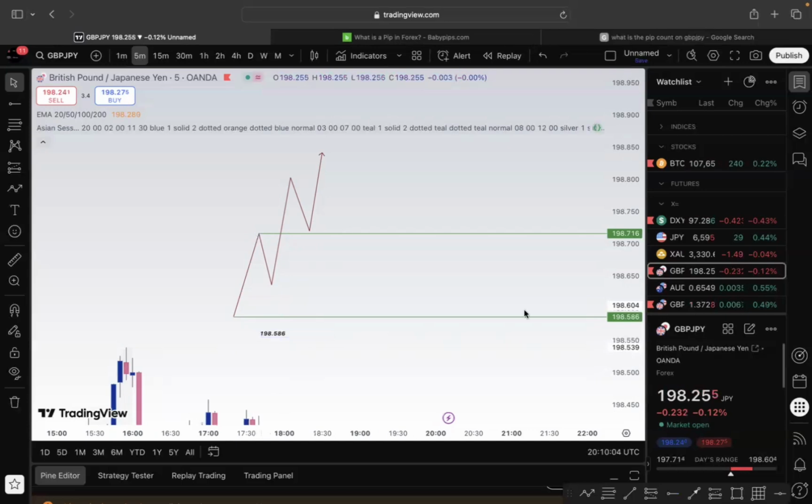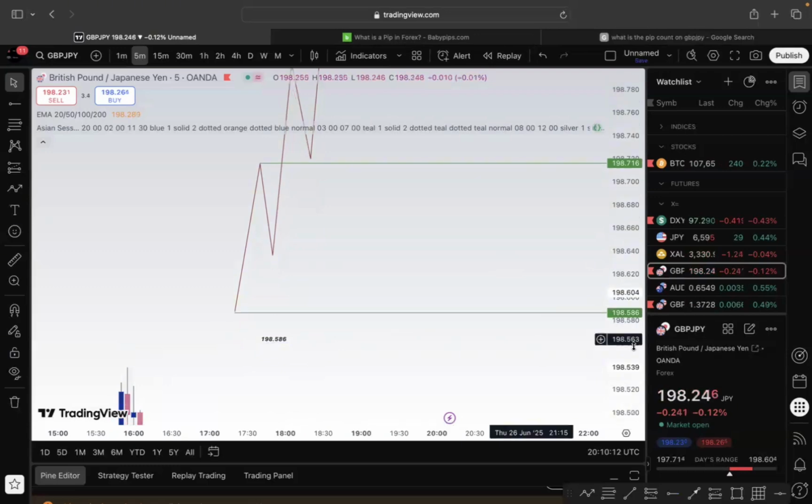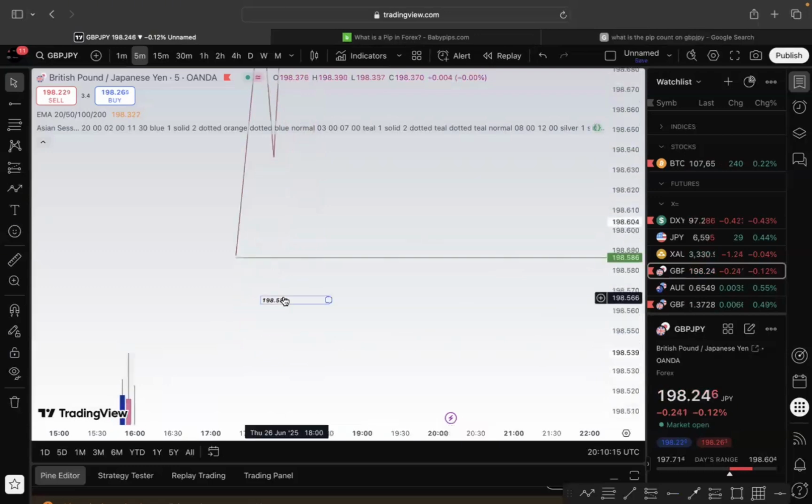And since the pip count is from the second decimal place, let's tackle it from here.